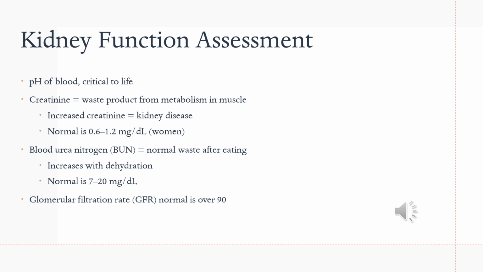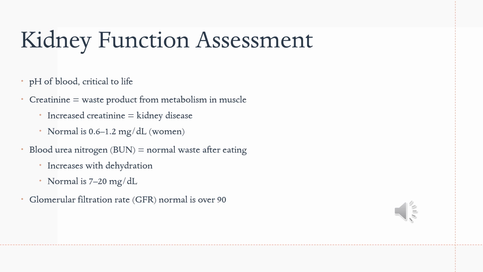And a third function is the GFR, also called glomerular filtration rate, which is a test at how fast the kidneys can filter waste. GFRs have a tendency to decrease with age. On average, patients over the age of 60 can have a lower GFR.